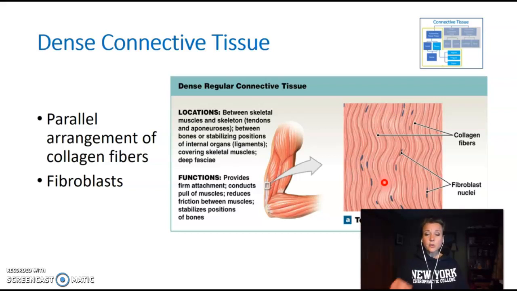And so they are going to be able to stretch in one direction but not in many directions. And that's why if you twist your knee funny, you are prone to tearing one of those ligaments that holds your femur to your tibia or your fibula. Fibroblasts are the main cellular component here, and they are the ones that are going to synthesize and secrete the collagen.